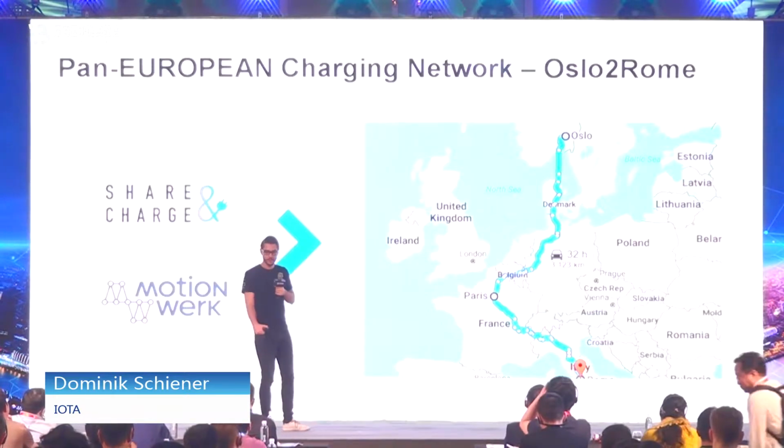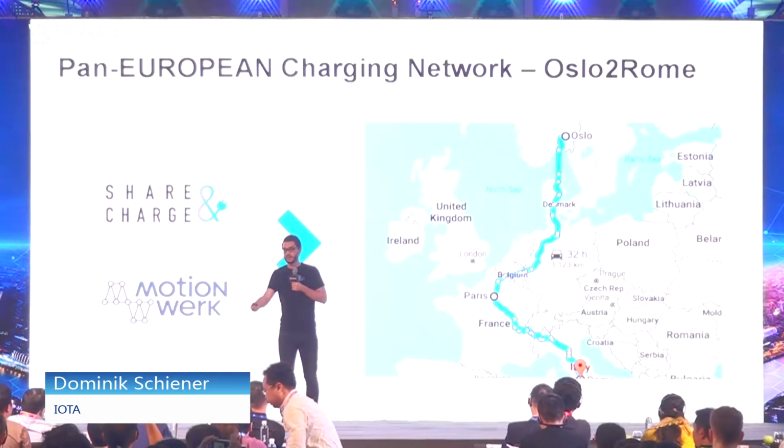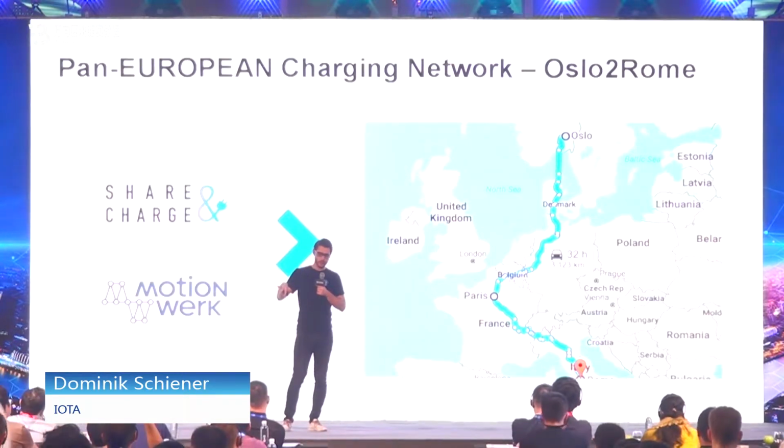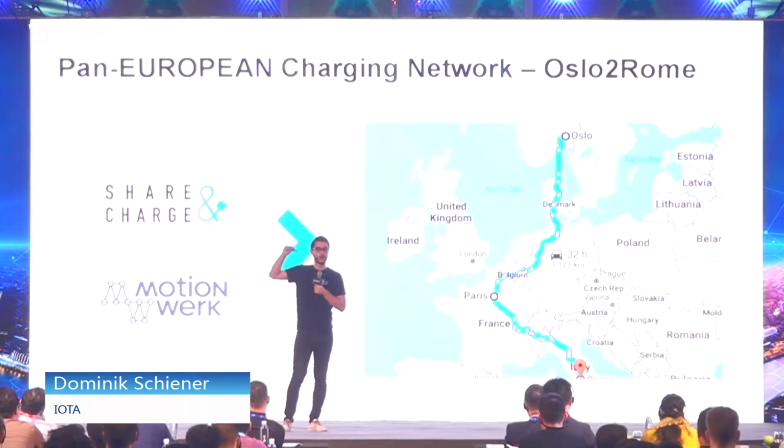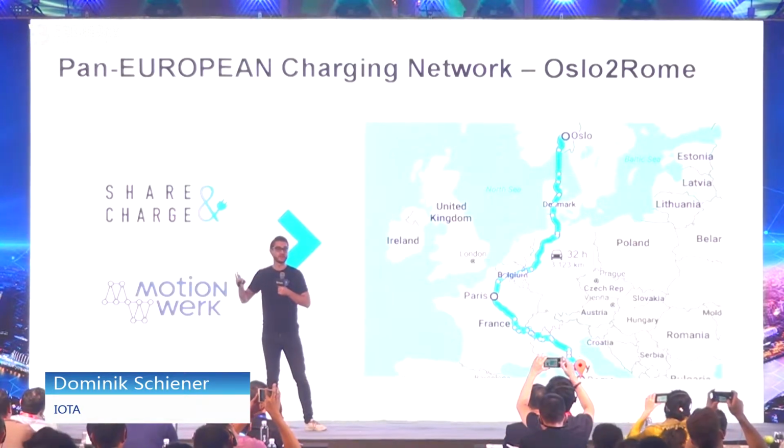Another use case that we work on together with Energy and Share and Charge is EV charging. We want to showcase how a car from Oslo can drive to Rome purely based on Iota and blockchain-based EV charging stations.